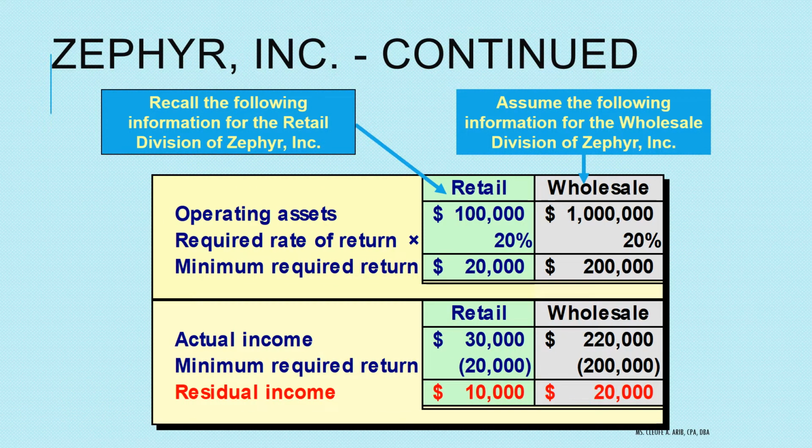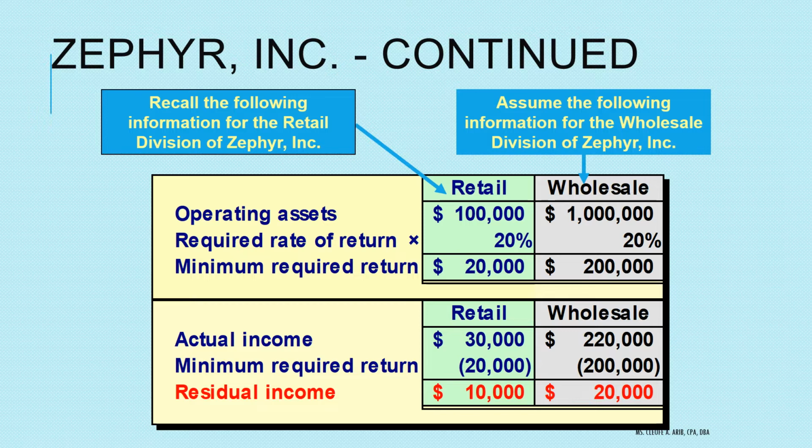So, let's have here an example para mas ma-appreciate ninyo na mas maganda talagang gamitin yung ROI and residual income ng sabay. So, meron tayong additional segment na nilagay dito. We have the wholesale segment. So, for the wholesale, the operating assets invested by Zephyr Incorporated is 1 million.